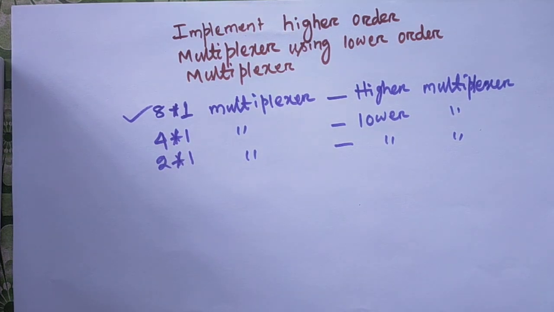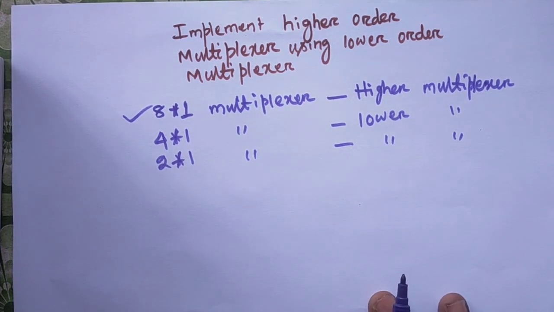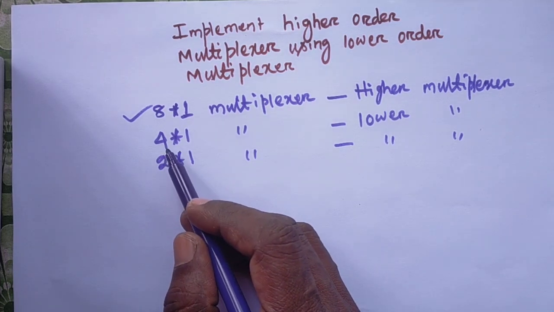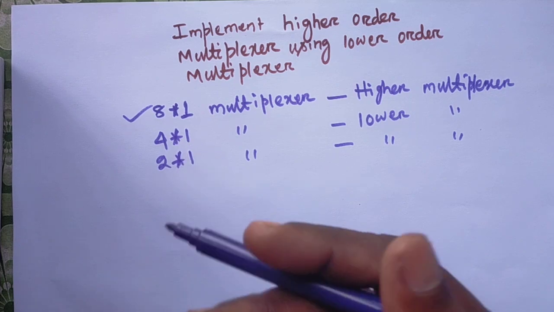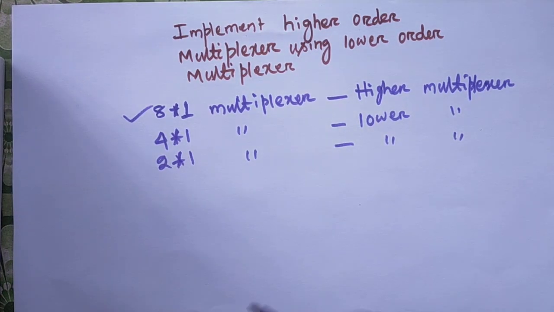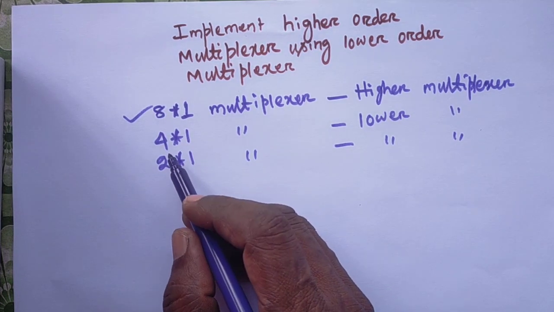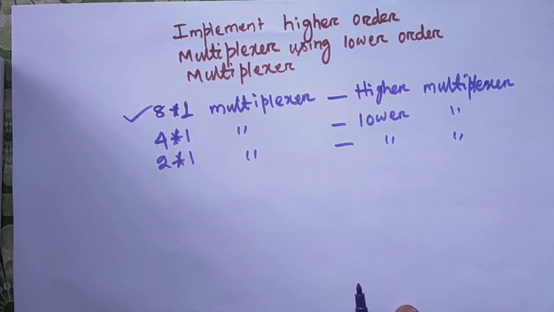Whenever we go through these multiplexers, we consider two stages. In the first stage we consider 4 into 1 multiplexers, the same category, two times. So 2 times 4 into 1 multiplexer is considered in the first stage.